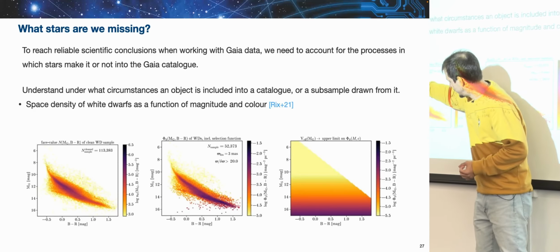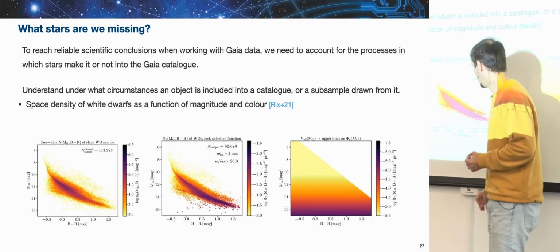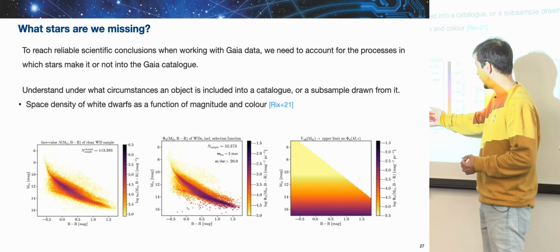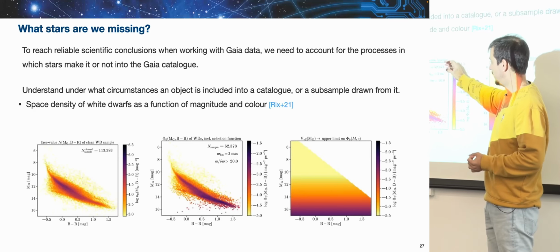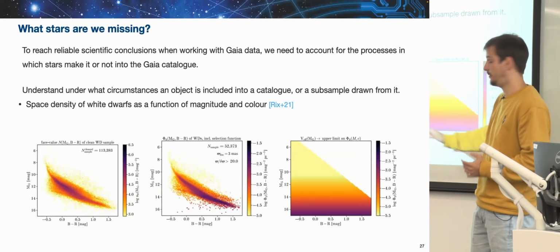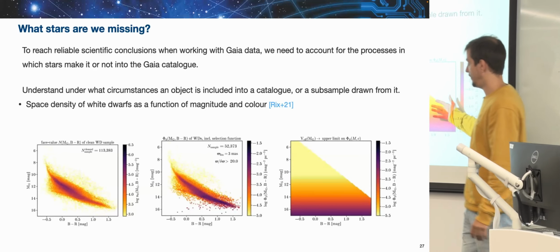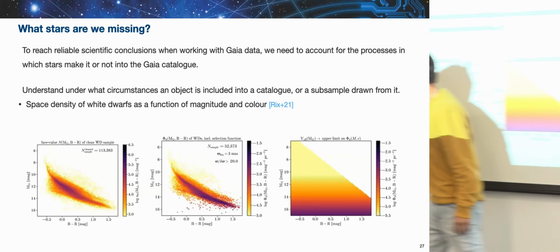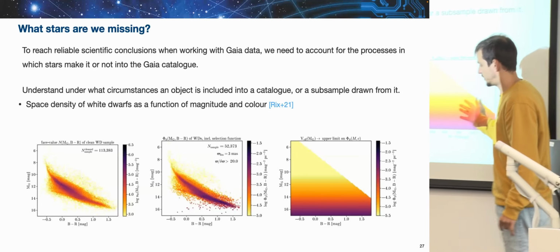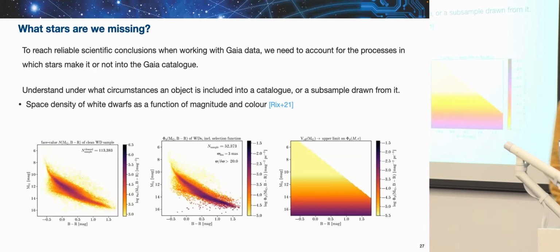So the maximum density in this case is here, where we would expect maximum density to be toward fainter magnitudes, and this is what we get here. So every one of these cuts introduces a selection effect that can be accounted for. In this case, it's very simple, so we could analytically estimate the selection function, and basically we use the observed population corrected by the selection function, and we see what we should have.